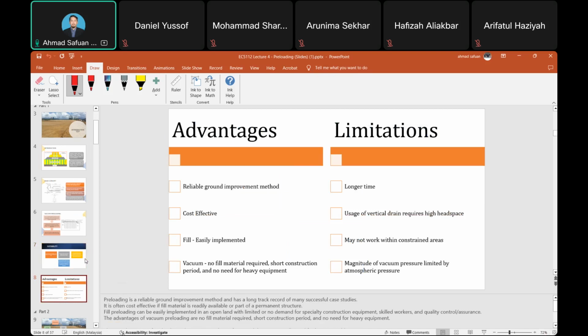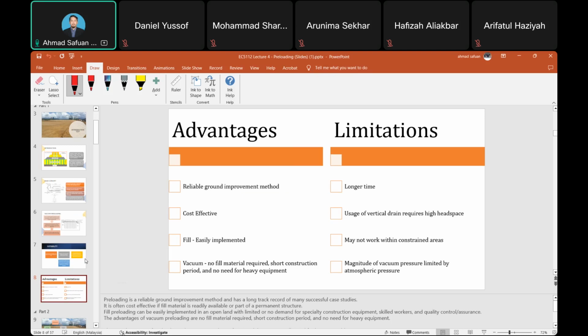Now we look at the advantages and limitations of the preloading process. The advantages: it is a reliable ground improvement method. It has been used for several hundred years, and has a long track record of many successful case studies.